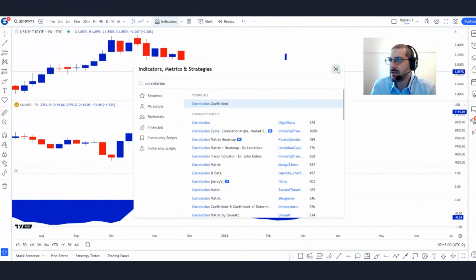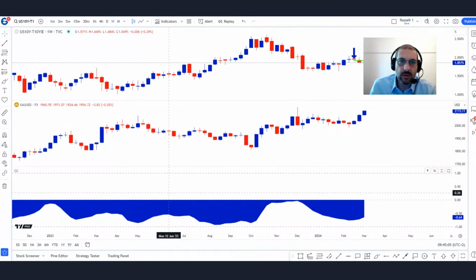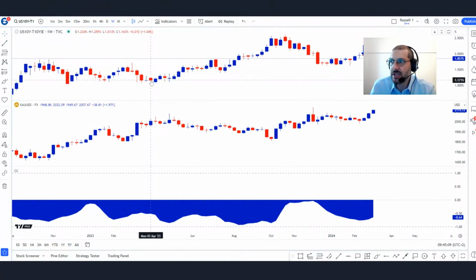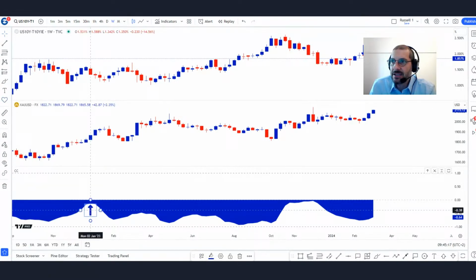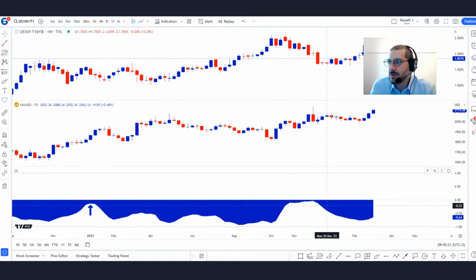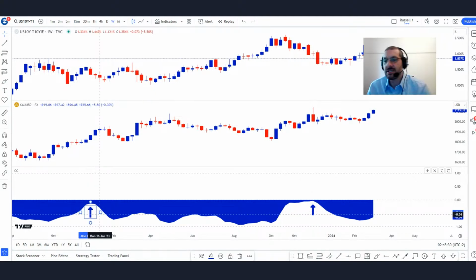Okay, now take a look. What's happening here is that gold has typically been inversely related to the real rate. But what has subsequently happened is that you do get these brief pauses where it loses the correlation. Going back to January 23, there was a break in the correlation there.